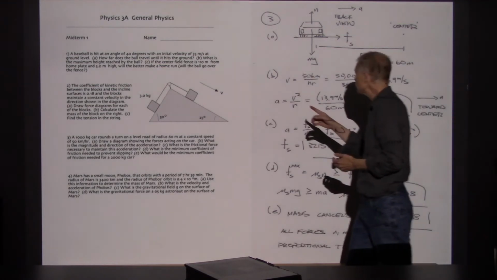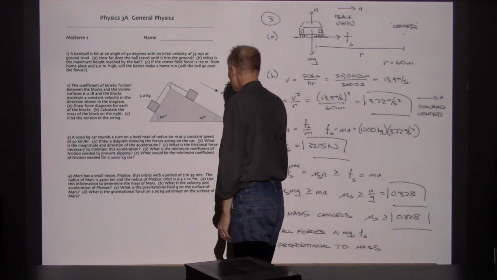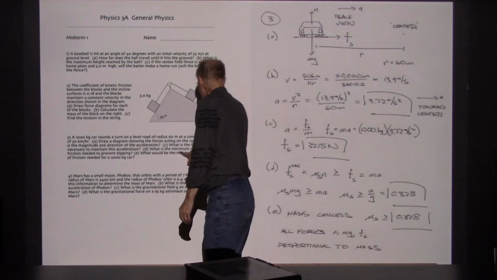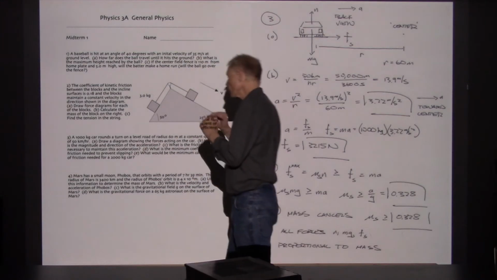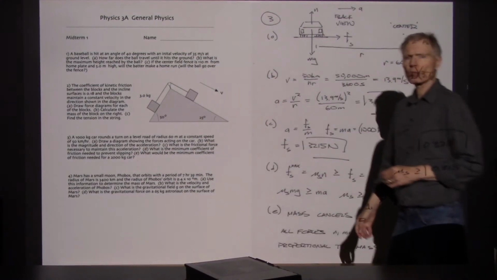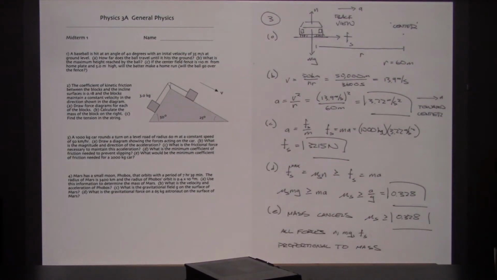So in part, oh, there's D and E, huh? What's the minimum coefficient of friction if we're going to prevent any kind of slipping? So I don't want the car sliding along the pavement. I want to maintain static friction the entire curve.